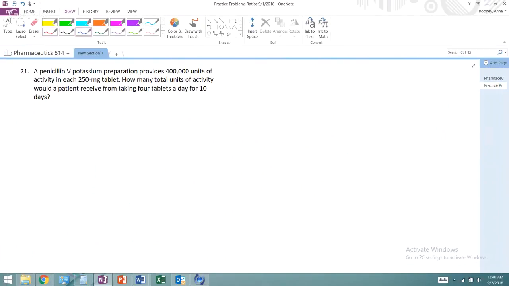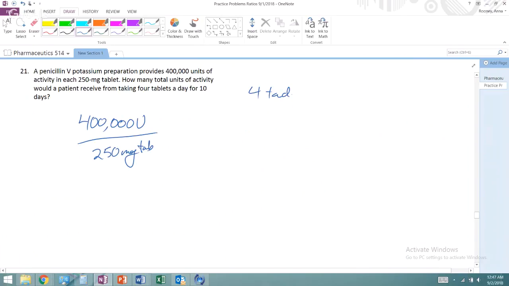We're getting there. All right, penicillin V potassium preparation provides 400,000 units of activity in each 250 milligram tablet. How many total units of activity would a patient receive by taking 4 tablets a day for 10 days?